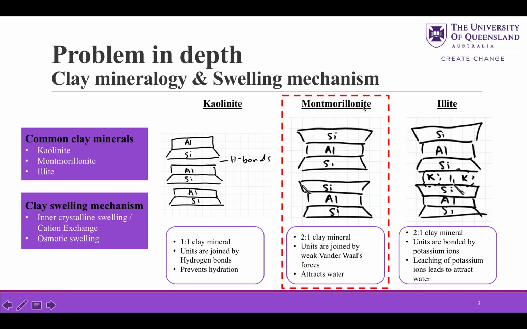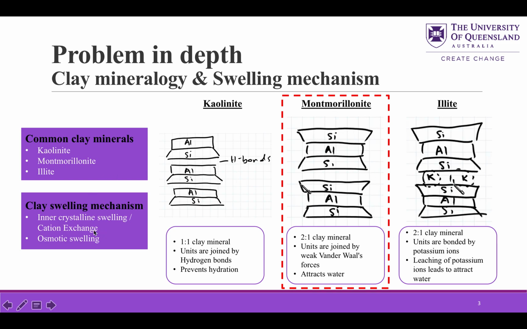In case of montmorillonite, which is known for swelling, the two layers of clay are attached by weak van der Waals forces, and it's easy to break by a molecule of water. In case of illite, which are bonded by the potassium ions, probably leaching of potassium ions leads to the swelling of illite clay mineral.